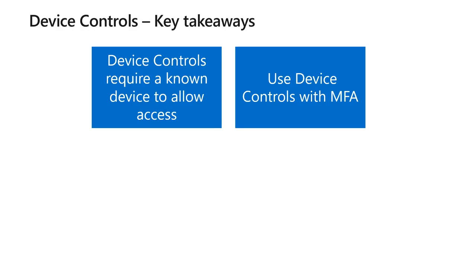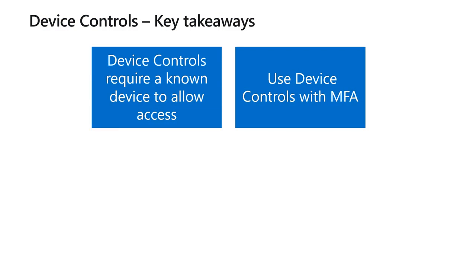Second, we recommend that customers use both MFA and device controls as part of the overall security posture. One very cool thing about conditional access policies is that you can combine controls and say, for example, I require MFA or compliant device or hybrid AD join. Consider that this also has user experience benefits, as users on compliant devices will not be prompted for MFA when using that type of policy.